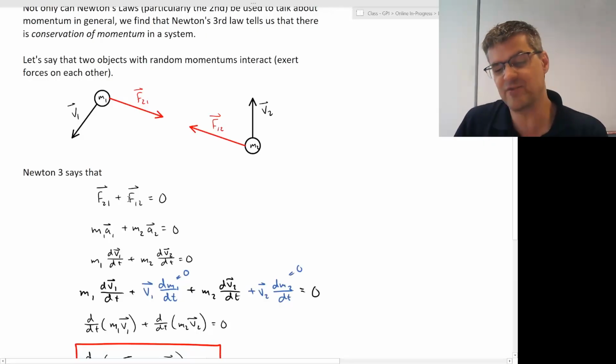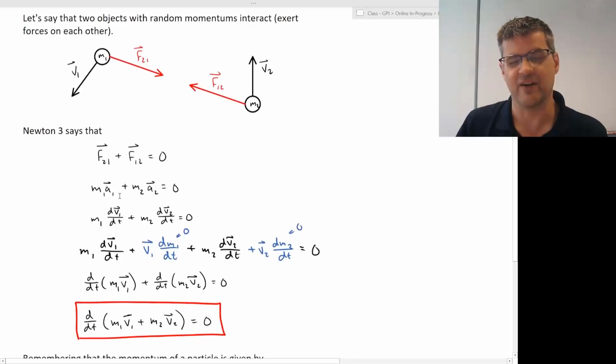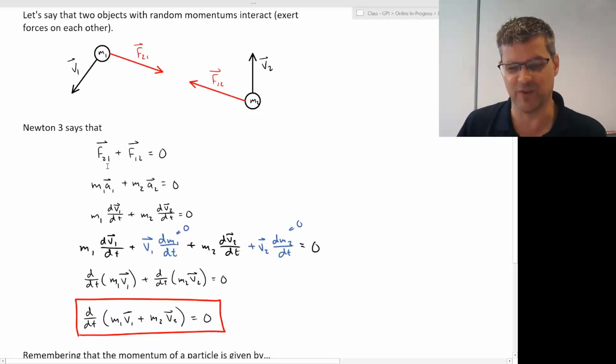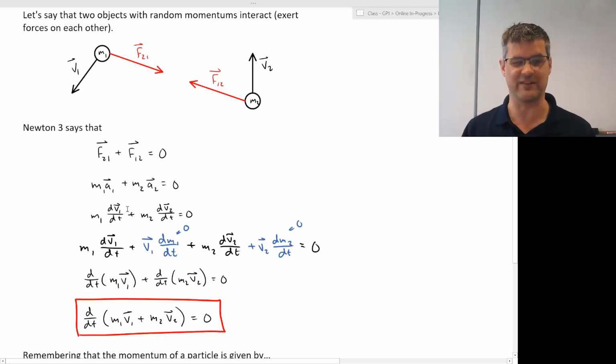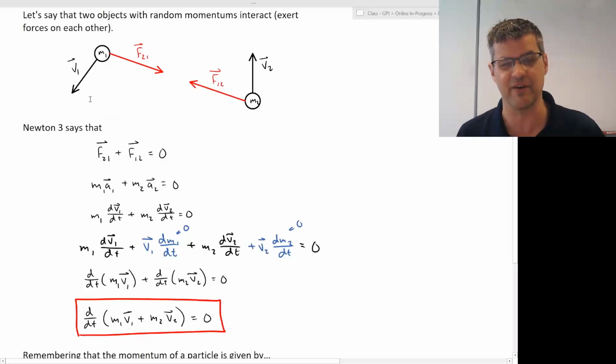Now, what are these two forces? Well, force F21 is mass 1 times the acceleration of 1. Force F12 is the mass of 2 times the acceleration of 2. These are the same thing. And if I now rewrite these accelerations in terms of changing velocities with respect to time, these velocities don't even have to be collinear.